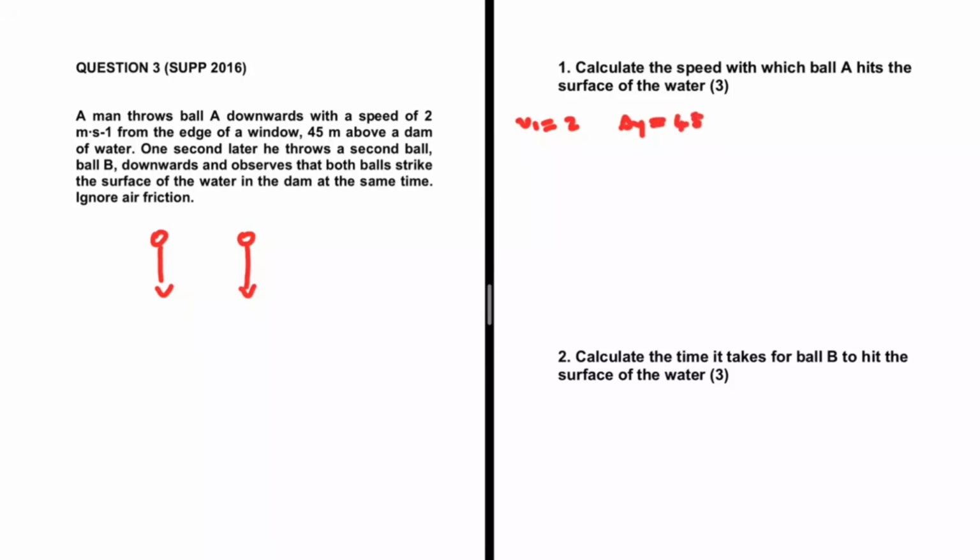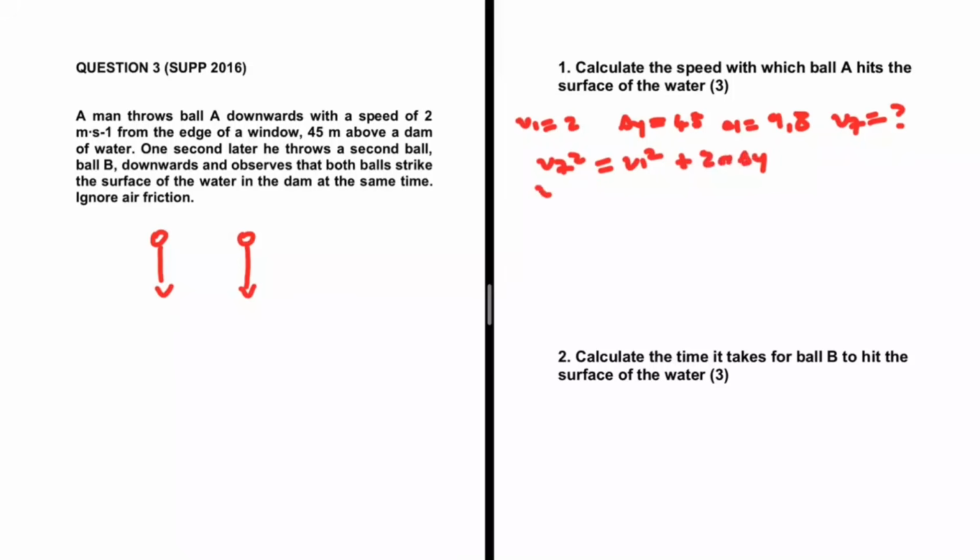Obviously, we have the acceleration. The acceleration is 9.8. We're interested in the speed at which ball A hits the surface of the water. So we want to find VF. With these four variables, we can say that VF squared is equal to VI squared plus 2A delta Y.